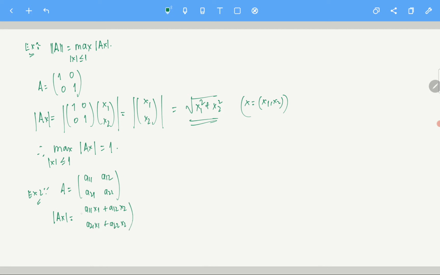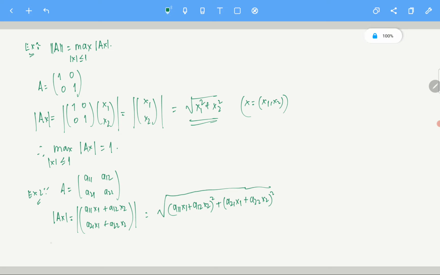That's the vector, and you take the norm of that, which is given by root of (A11 x1 plus A12 x2) square plus (A21 x1 plus A22 x2) square.